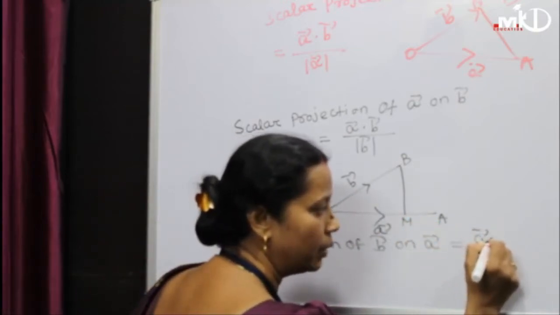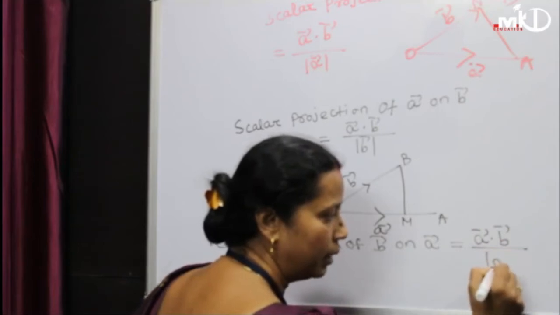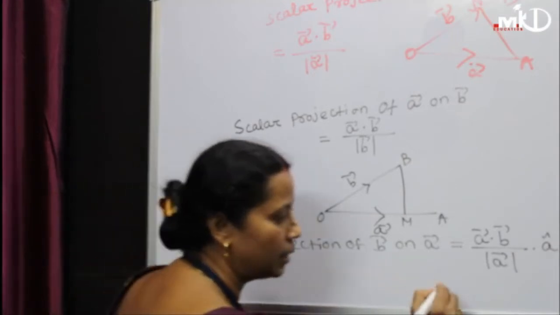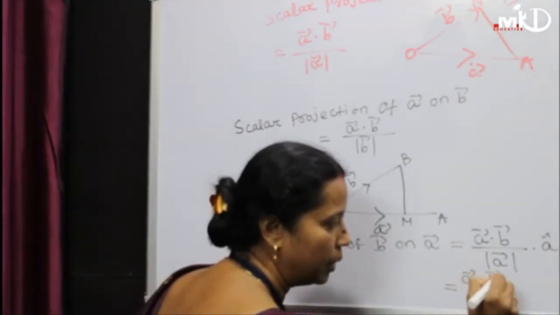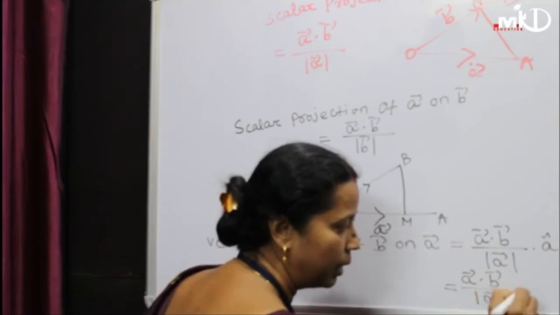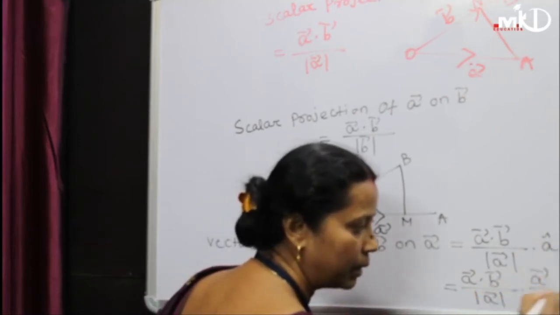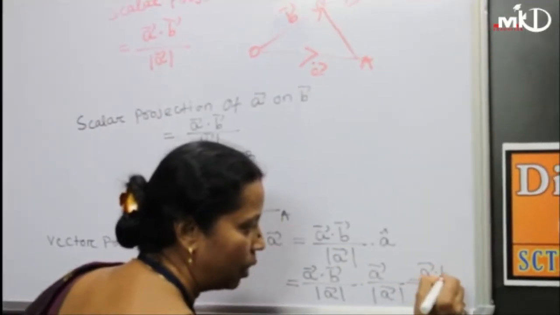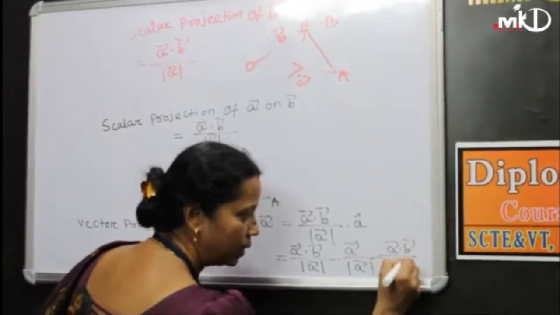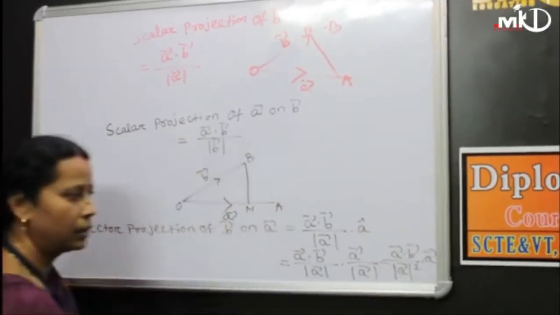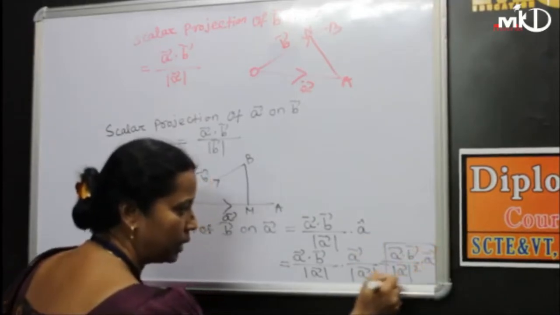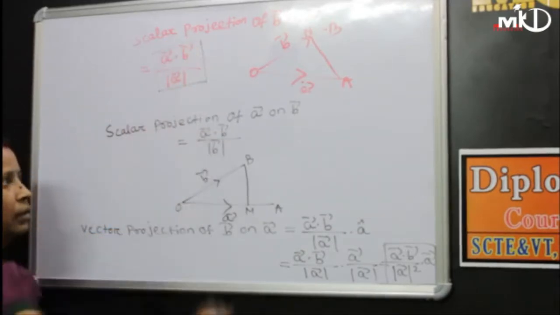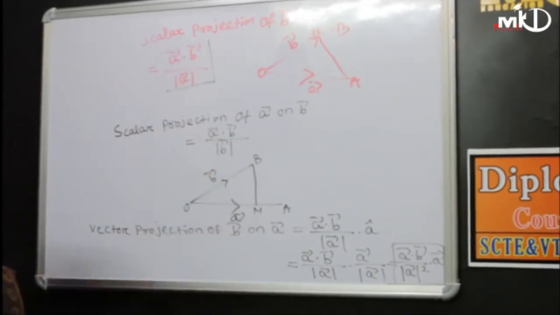It is equal to A bar dot B bar by modulus of A bar into the unit vector of vector A. The unit vector we already represented as vector A by modulus of vector A. So it is equal to A bar dot B bar by square of the magnitude of vector A into vector A. So this is the vector projection and this is the scalar projection of B bar on A bar. So this is the geometrical meaning of the scalar product.